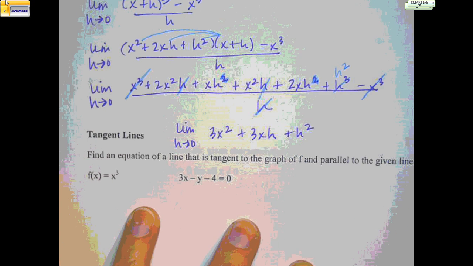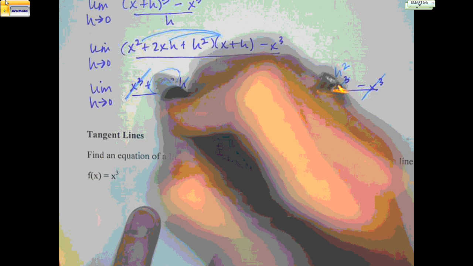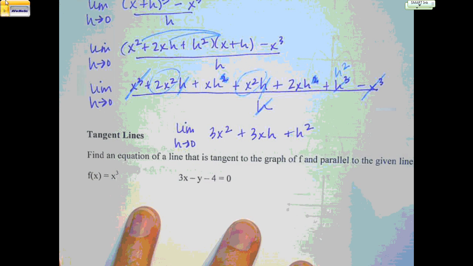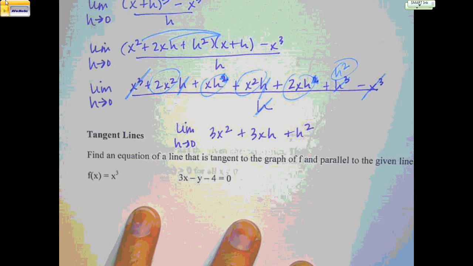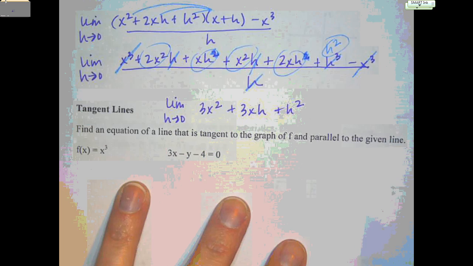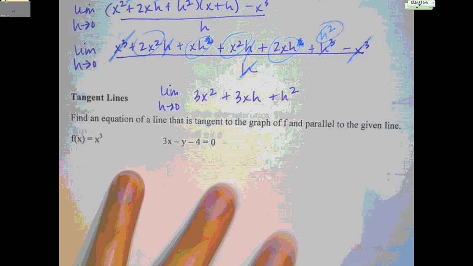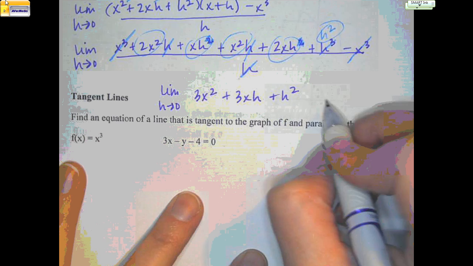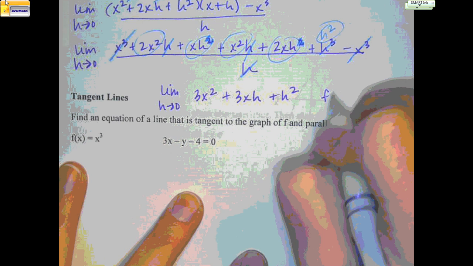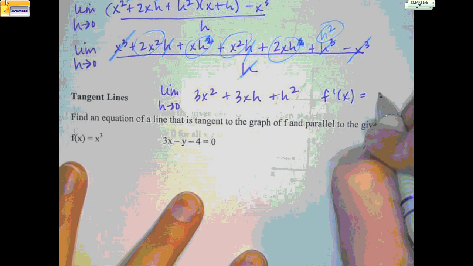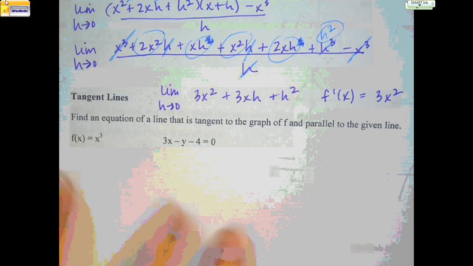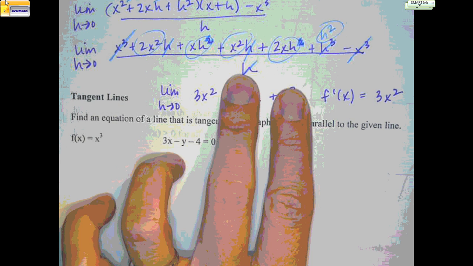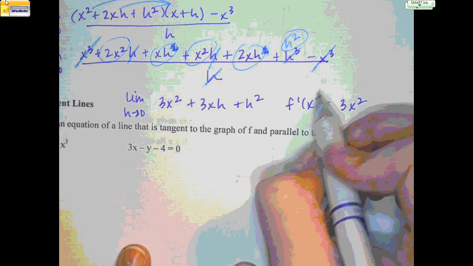I think so. 2x squared, 3x squared, h squared. Okay, just checking. It's easy to forget stuff. And now it's completely legal to put a 0 in for h, so when I do that, f prime of x is now 3x squared. Because if you plug in 0, those terms go away. So here's our answer.